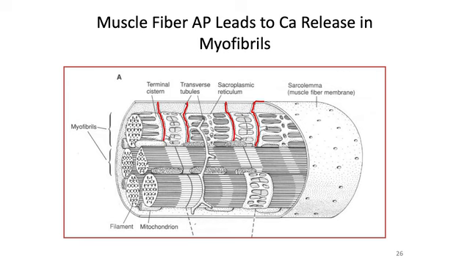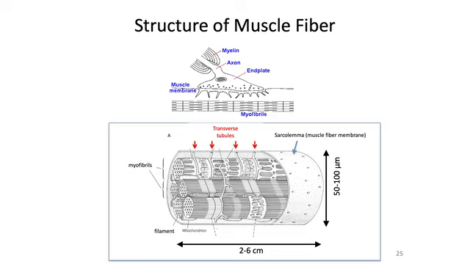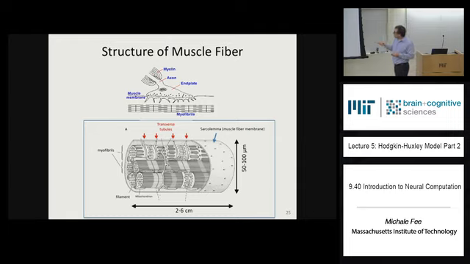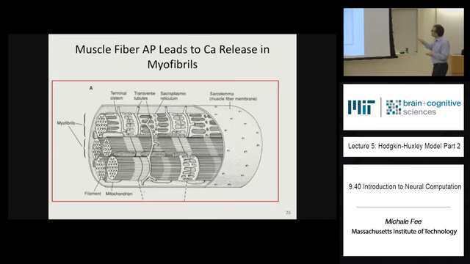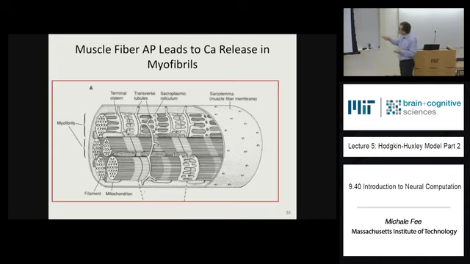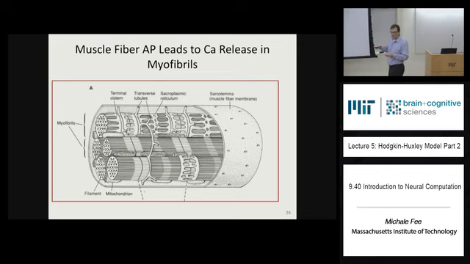This muscle fiber is about 100 microns across. So in order for that signal to get into the myofibril to cause contraction, it actually has to propagate down an axon that goes into the muscle fiber. Okay? Okay, so that action potential propagates down into the T-tubules.